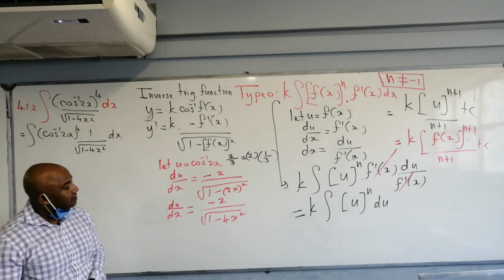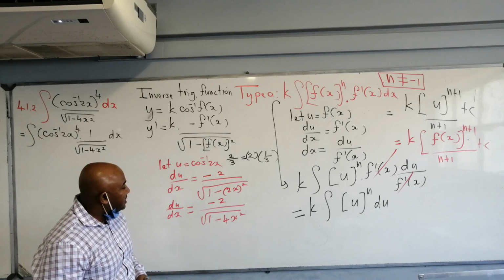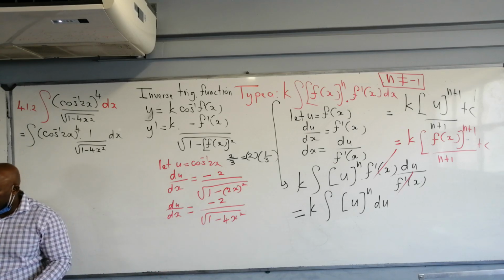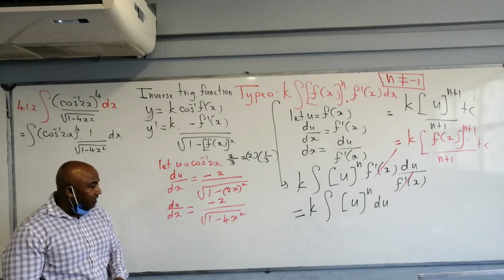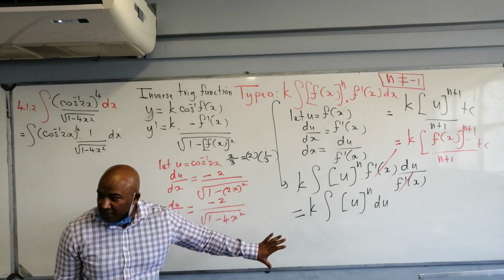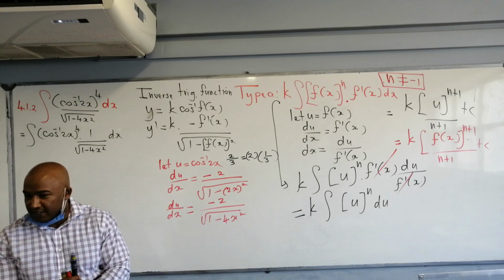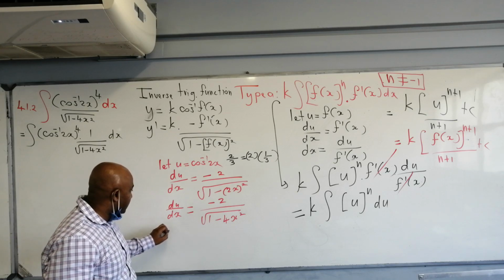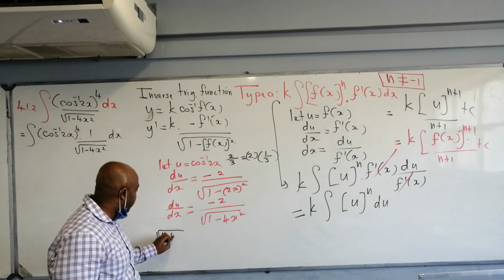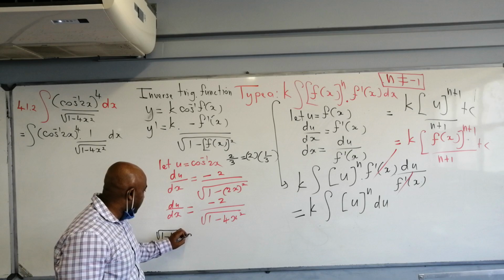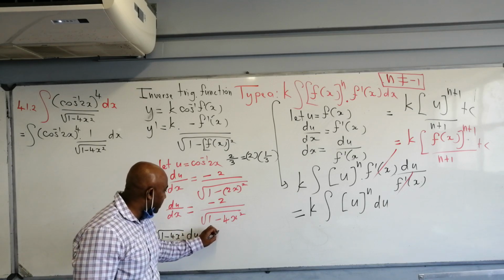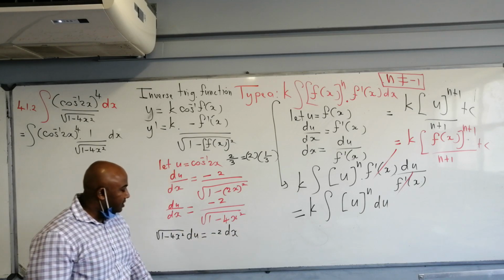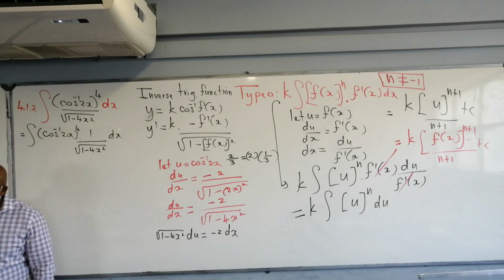Now, make dx the subject of the formula. So, I've got a fraction on the left, fraction on the right, cross multiply. If I cross multiply there, I'm going to have the square root of 1 minus 4x squared times du is equal to minus 2 times dx. Can you see what's happening there?